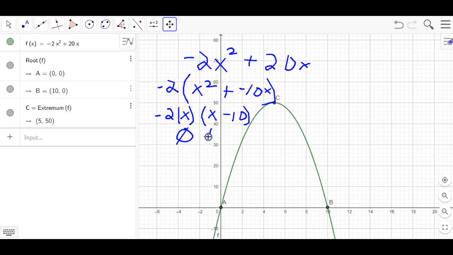Well, if x was positive 10, that will make the function turn into 0. So there are my zeros, 0 and 10, and you can see them marked there. Calling them roots of x right there is another term we've never really used yet, but the root of x is sometimes used in some math circles and classes.